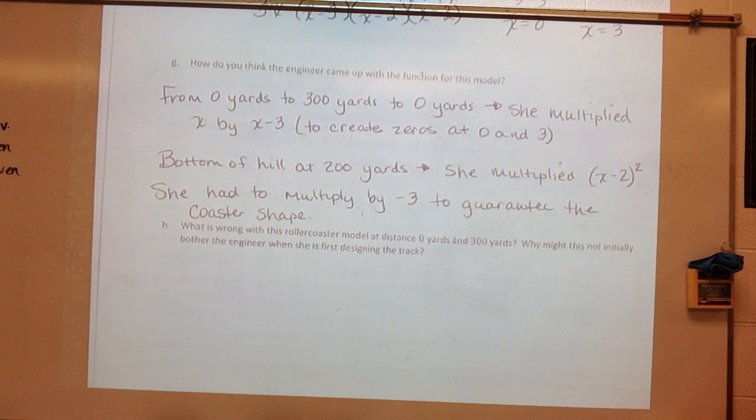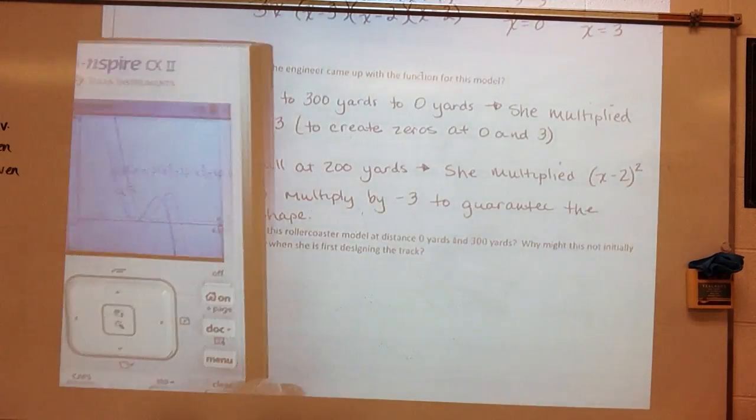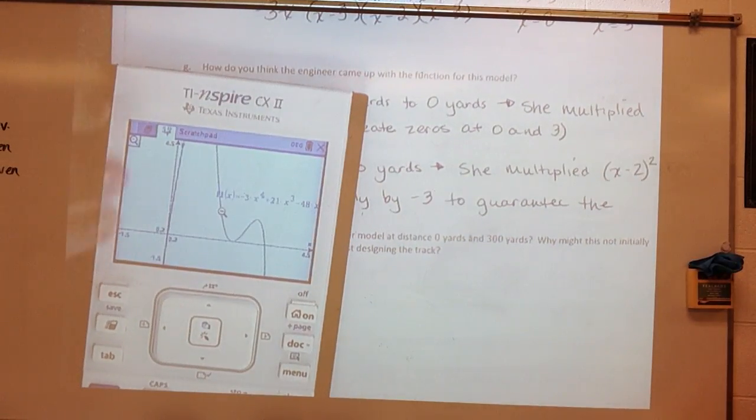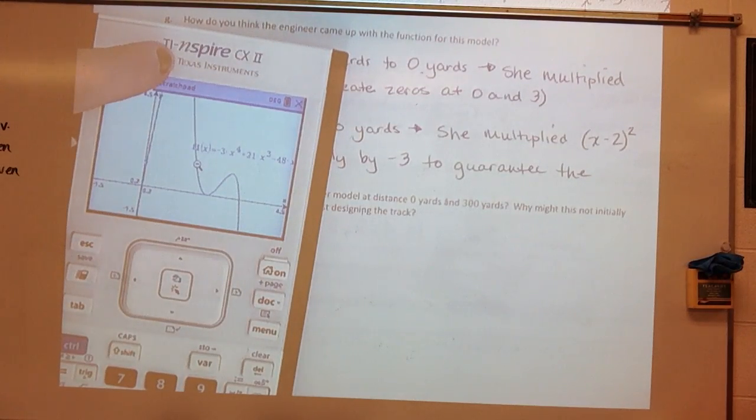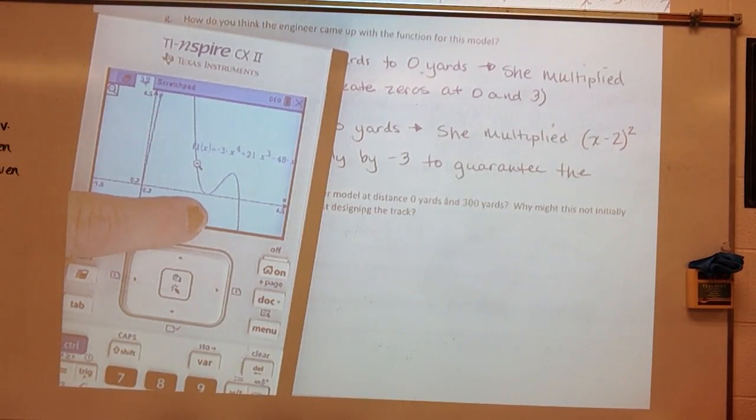Zoom out. Okay, so if you look at this, it appears to abruptly start. Like you guys know when you're on a roller coaster, you have a little ways that you travel before you start going up the hill. This graph doesn't show that. It just goes straight up, and then it comes straight down and ends. It comes straight down to my lowest point.